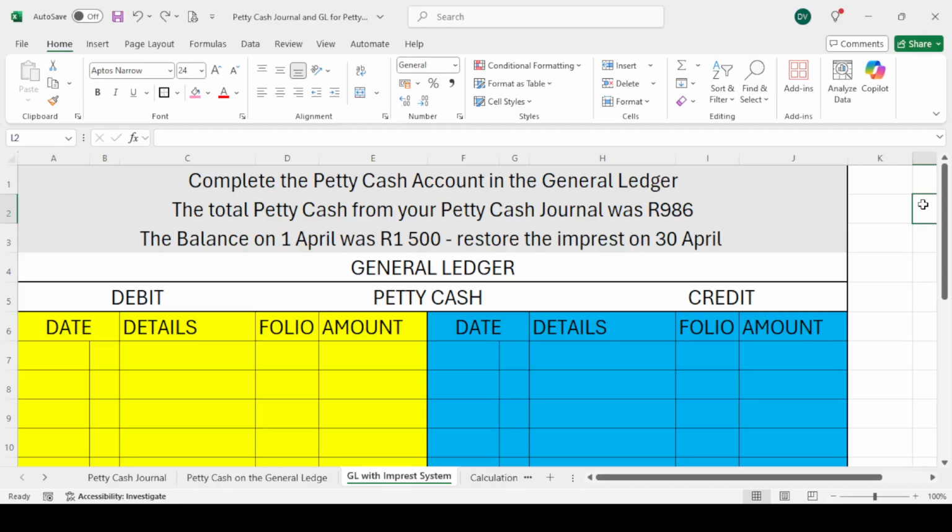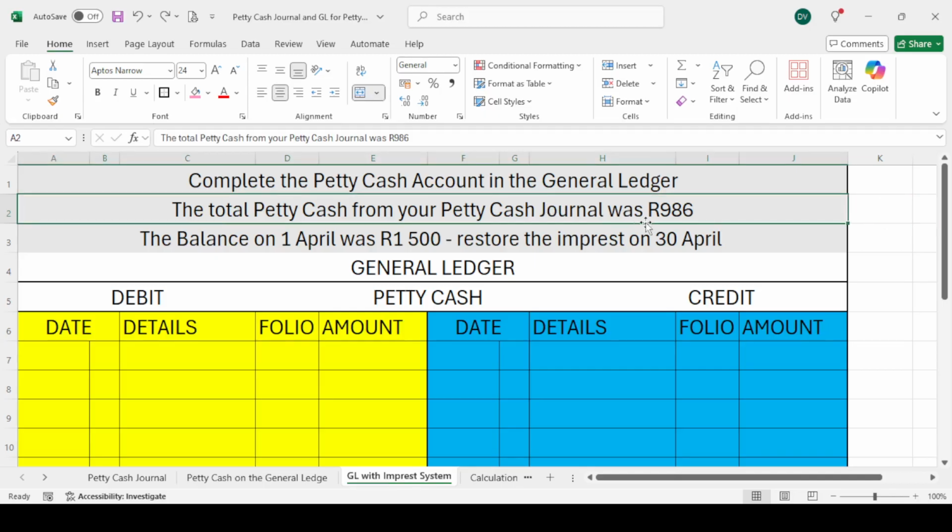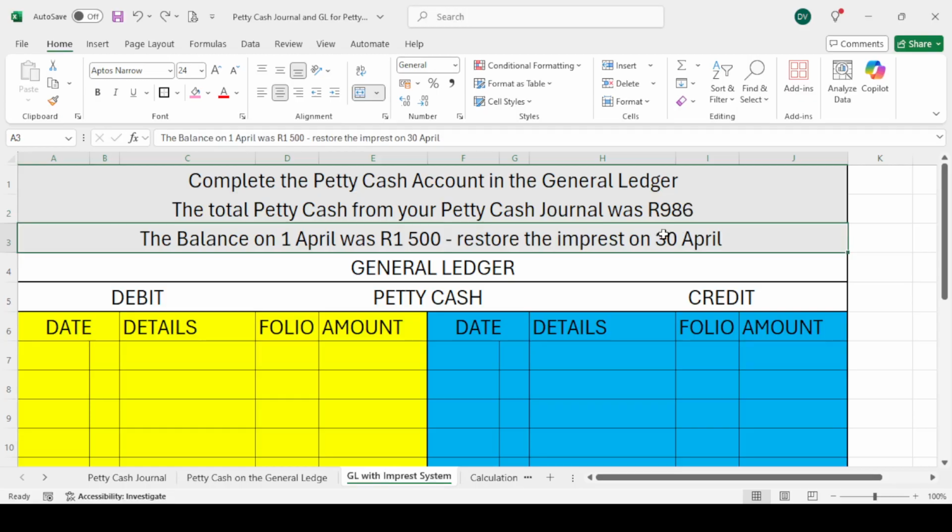Okay, what does it look like? Right, so we've got two parts of information that we can insert on our general ledger for petty cash. We've got the total of the petty cash journal, and we have the balance.